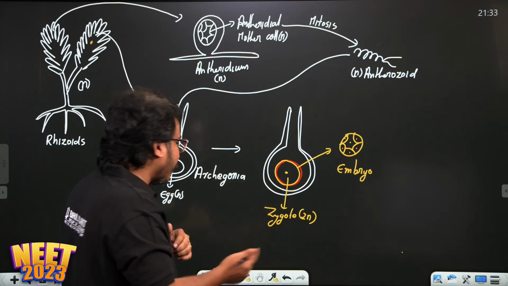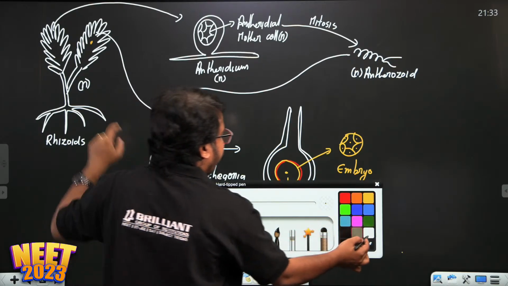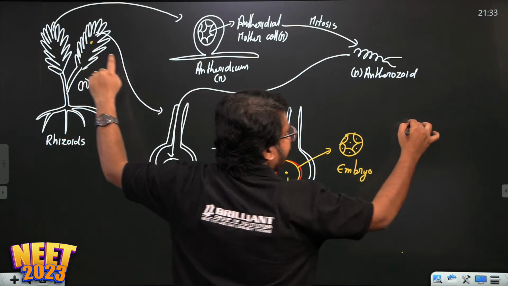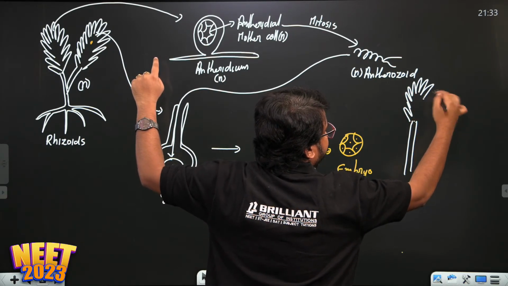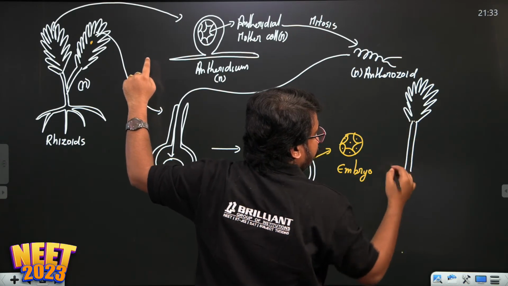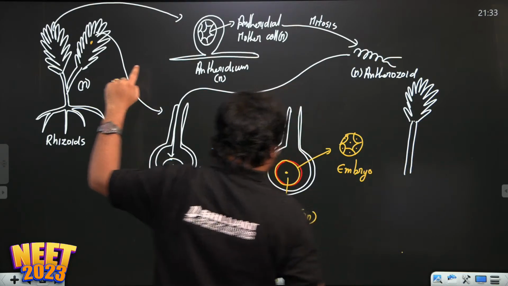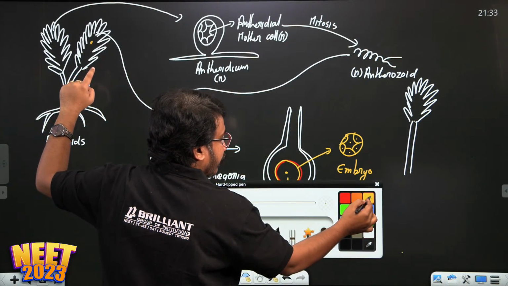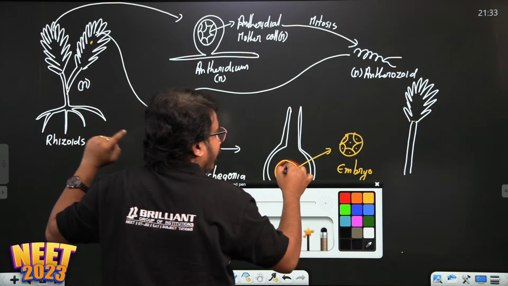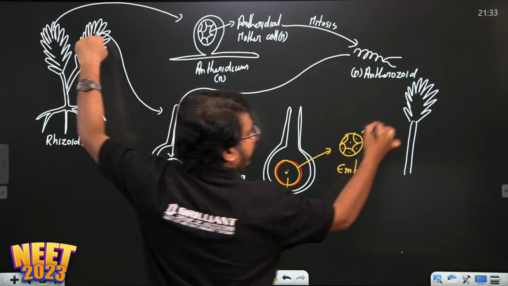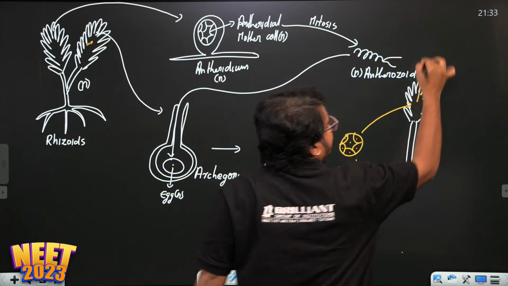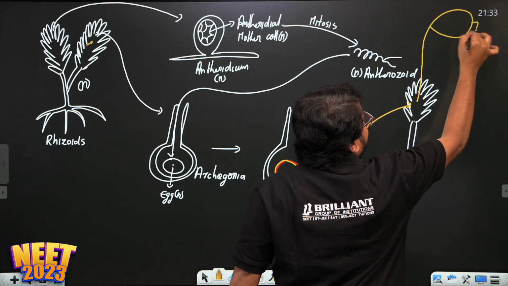Next diagram is the question. So in the next diagram, this plant represents what? Gametophyte, the haploid structure. This is the gametophyte. You can see inside the archegonia of this plant here, the zygote develops into an embryo and the embryo will be coming out forming a structure like this.